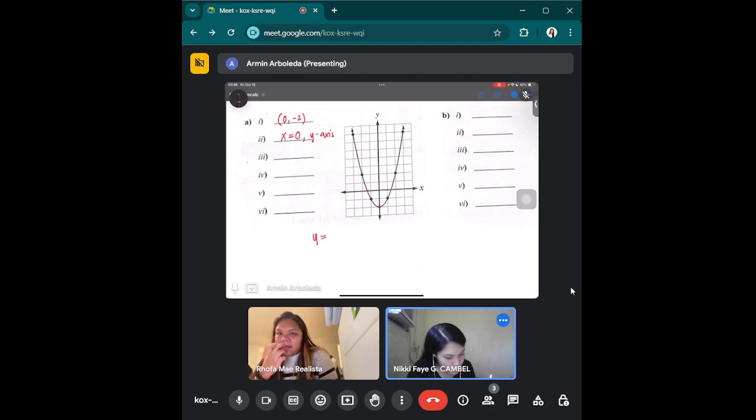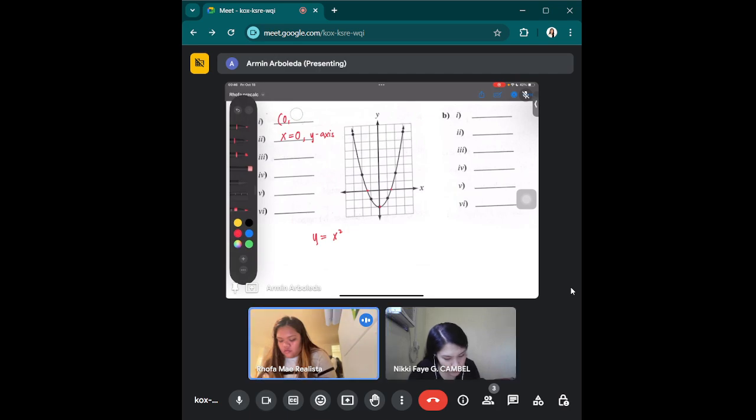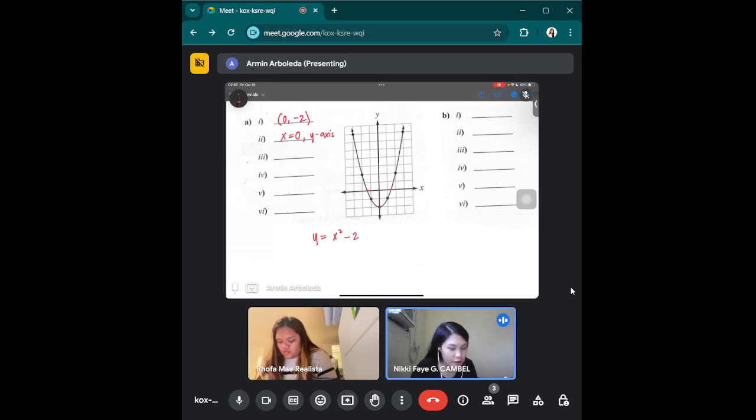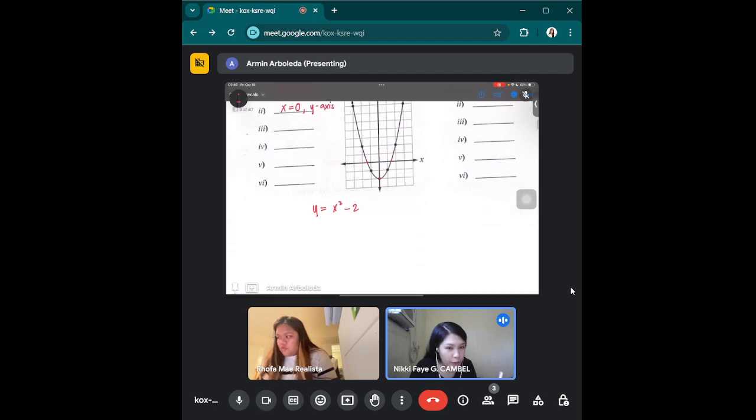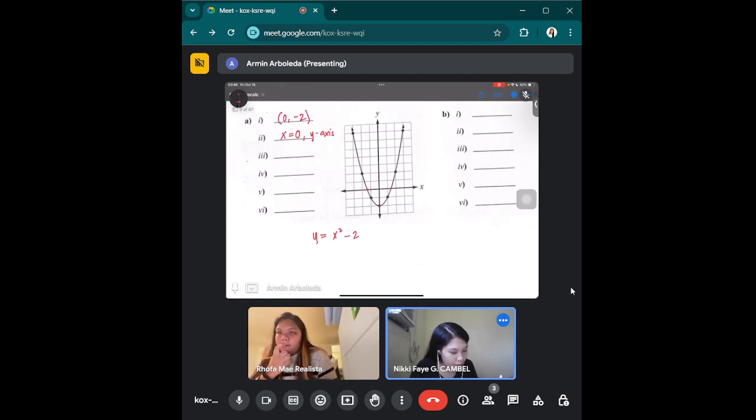Y 0 naman po kasi yung x natin, so x squared na lang. But yung ating y here is -2. So it's gonna be what? Minus 2. So this is our equation of this graph. Okay? Equation of parabola.